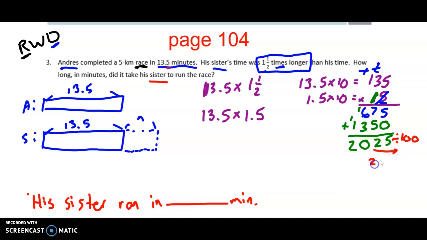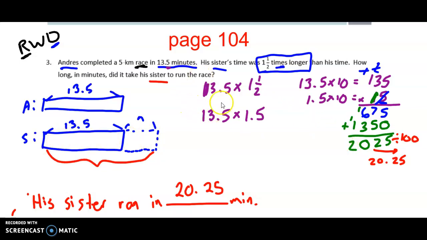I'm going to be left with 20.25. And this here is going to be your minutes. So I'm going to write in, where did my marker go? 20.25 minutes. That would be multiplied the whole thing, and we multiplied those to get our answer.